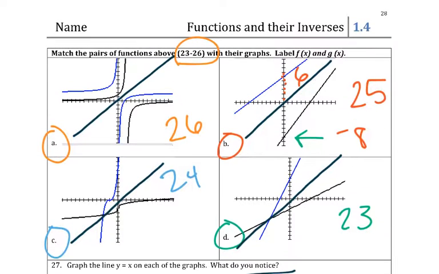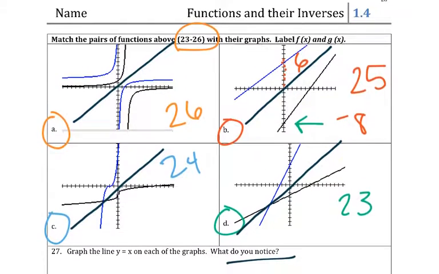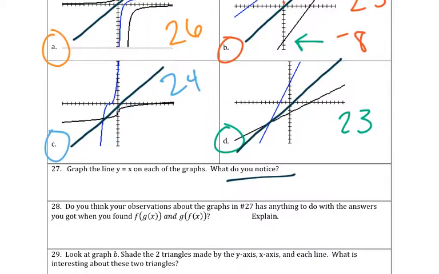So the graph and its inverse are the same thing across it if we folded it. Okay. Do you think your observations about the graphs in number 27 have anything to do with the answers you got when you found f of g of x and g of f of x? Yeah. When we put the function in, we ended up with x as the answer, right? Well, y equals x is that line. So, yeah, there was a connection there, wasn't there?